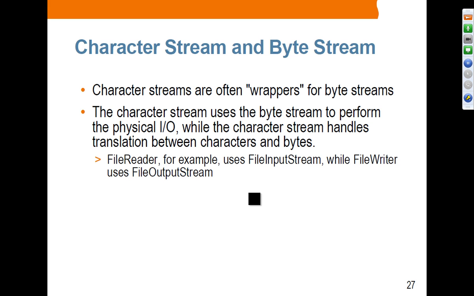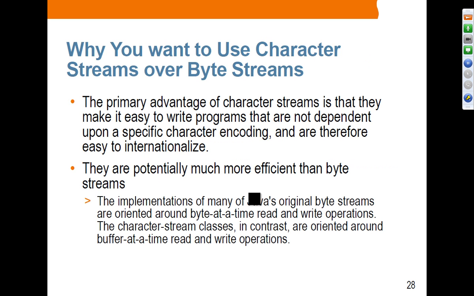But if you happen to have some file that contains multi-byte characters like Korean or Japanese or Chinese, then the output behavior might actually be different. In our case, since we are dealing with English ASCII characters, the result is going to be pretty much the same. Okay.